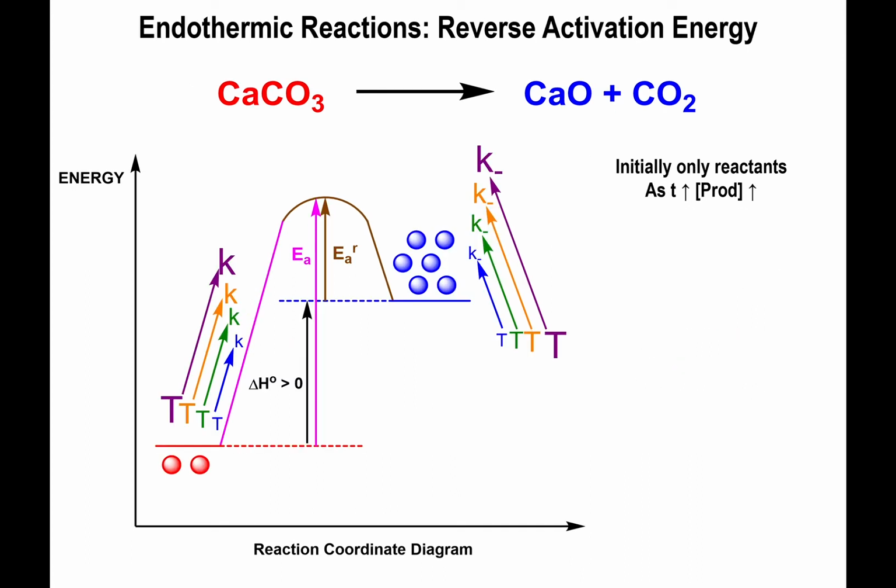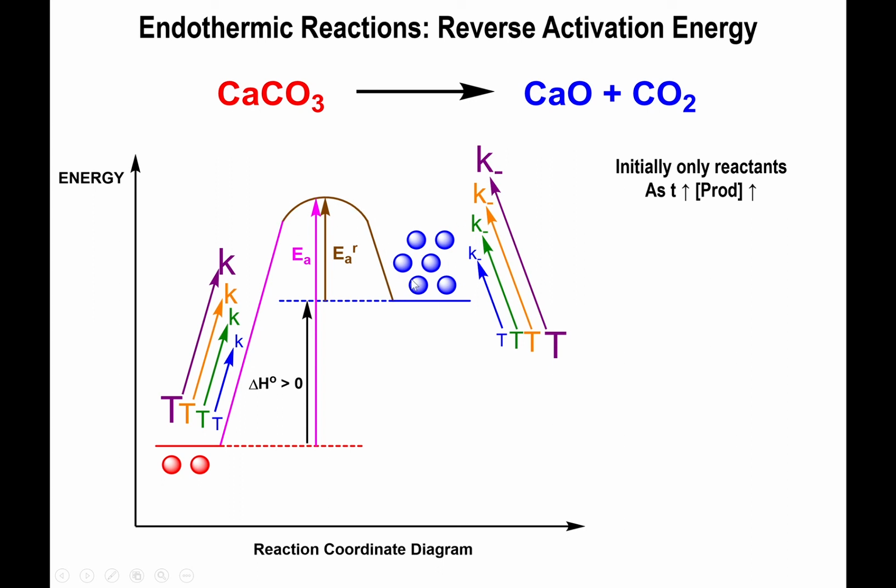Now for endothermic reactions, the ones where you have a product of higher energy, you still have the same effect with temperature. If you increase the temperature, you increase the rate constant, but this happens for both products and reactants. And so here, what takes place is that if you keep the temperature low, you may not have enough energy to surmount the activation energy going forward, but you may still have enough energy to surmount the activation energy going backwards because the products are higher in energy.